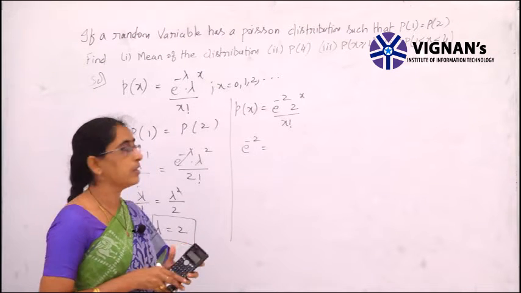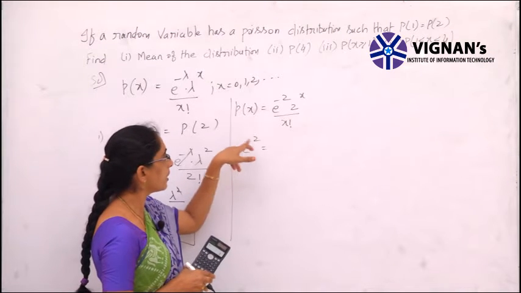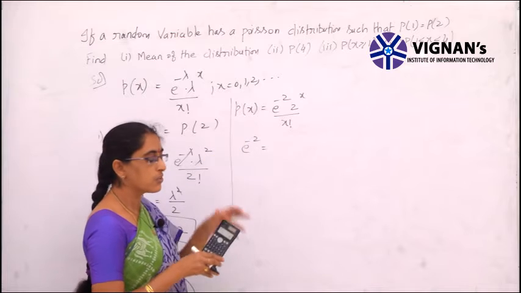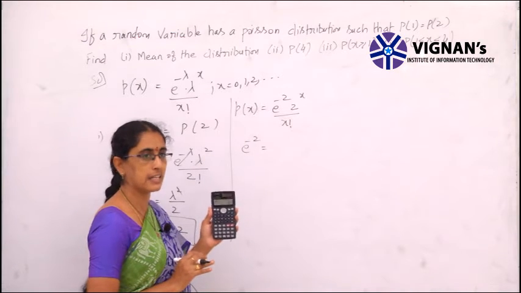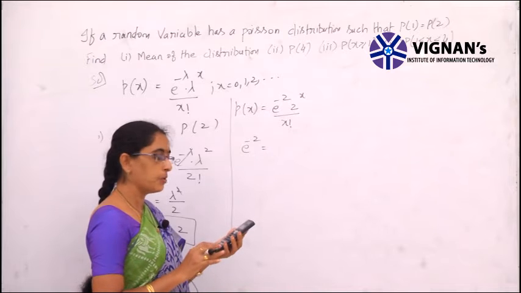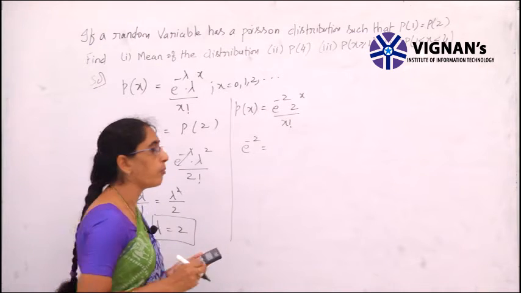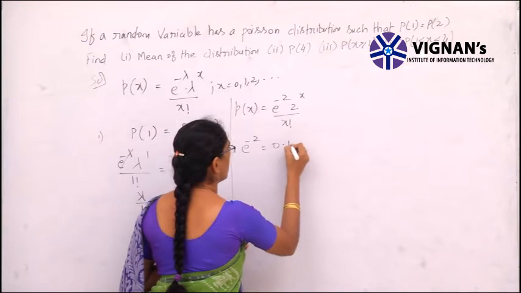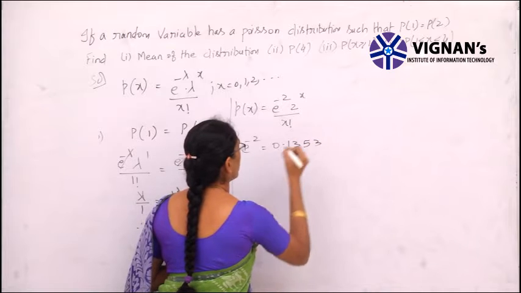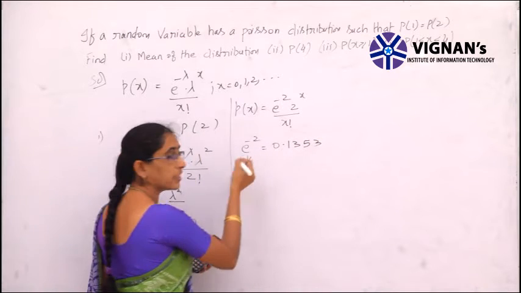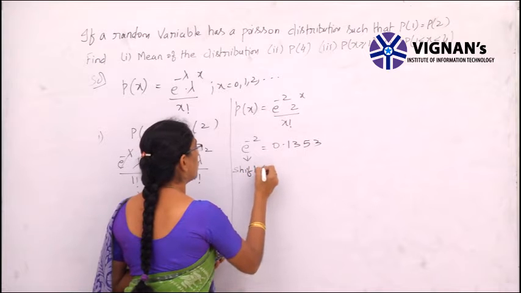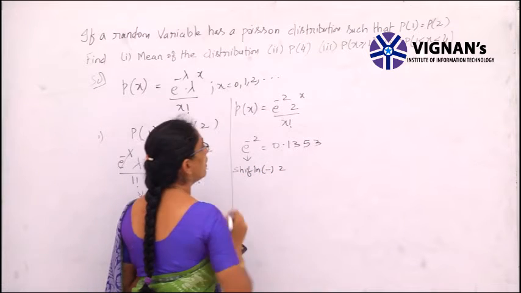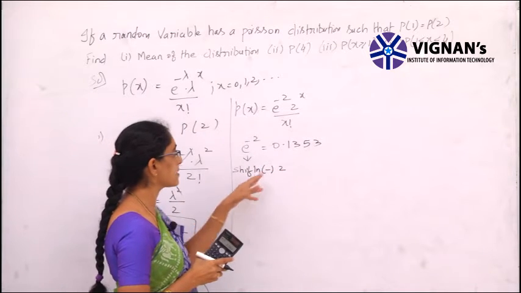Then e will display. Since the power has a minus symbol, use the minus within a bracket symbol in the calculator and give the value 2, press equal to. So it is 0.1353. Here I am clearly mentioning the calculator operations also: shift ln, bracket, minus symbol and 2. If you press like this, you will get the value 0.1353.